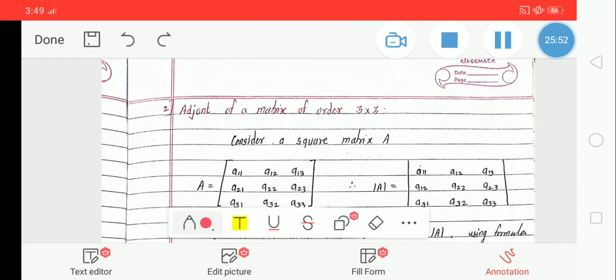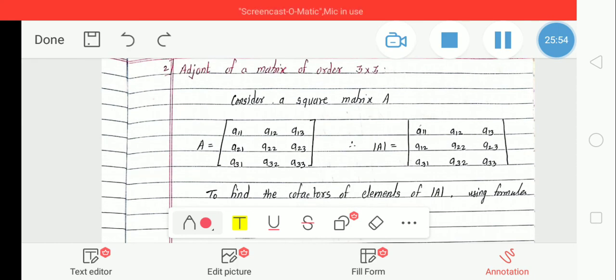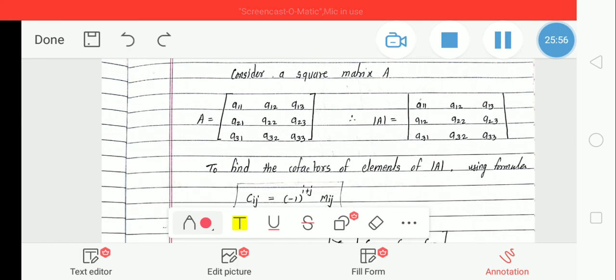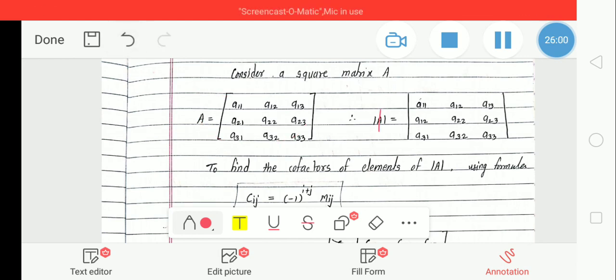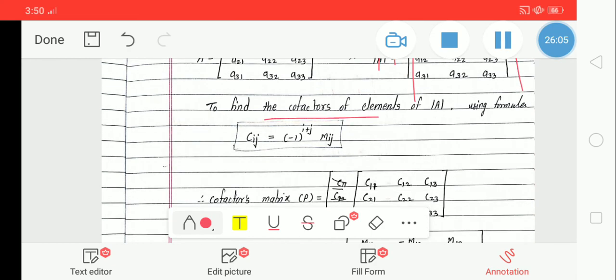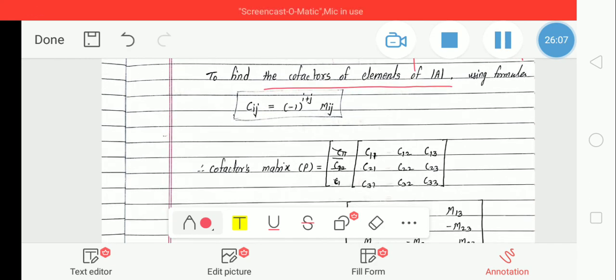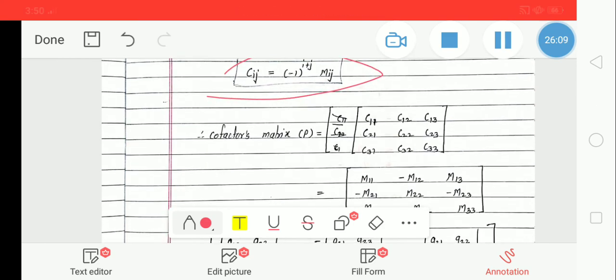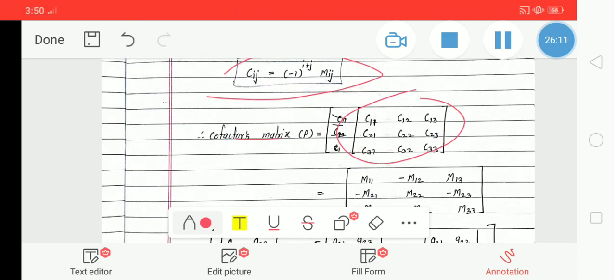Now the adjoint of a matrix of order 3 cross 3. Here is a 3 cross 3 matrix, same as it is. This is the matrix we first take in mod, so this is also in mod. Then find the cofactors of this matrix by using this formula. So the cofactor is this.